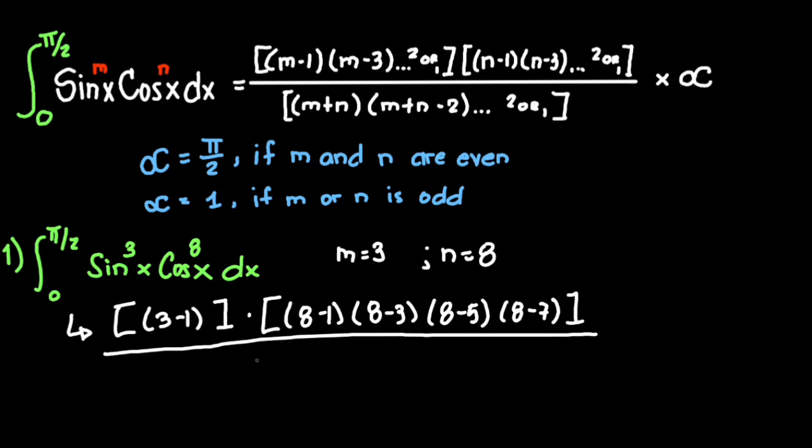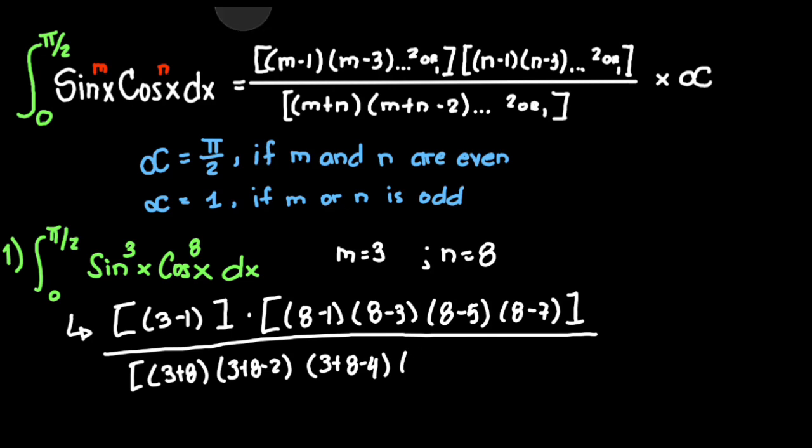Divide this by m plus n multiplied by m plus n minus 2 up until it reaches 2 or 1. So it would be m plus n would be 3 plus 8 multiplied by 3 plus 8 minus 2 multiplied by 3 plus 8 minus 4 and so on.